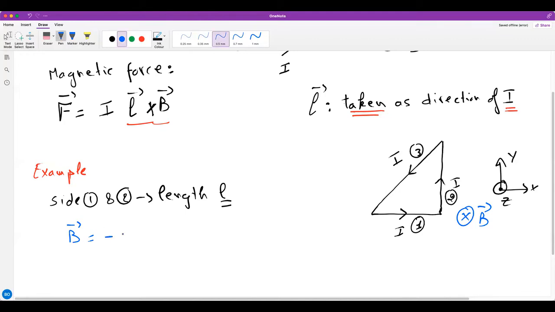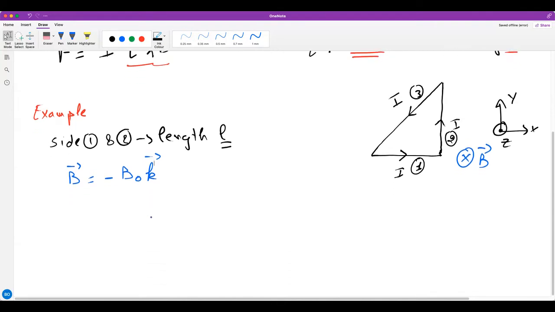So I can call it minus B0. And the question is, what is the magnetic force exerted by the magnetic field on each side, 1, 2, and 3?